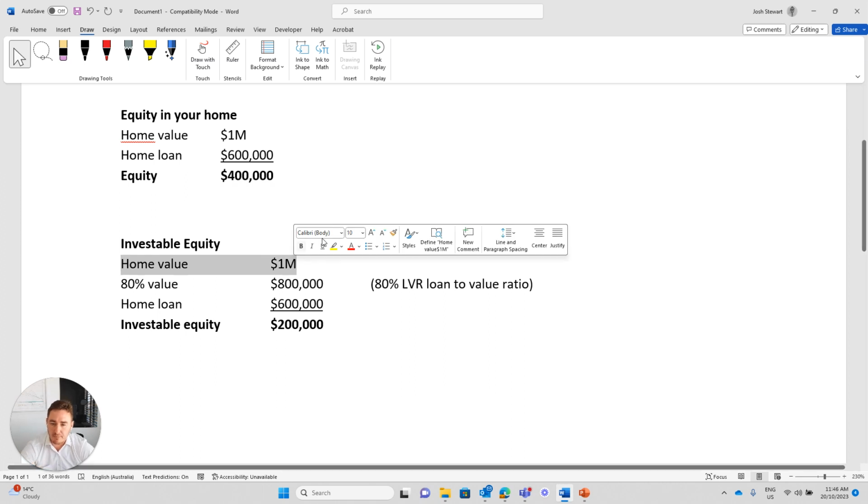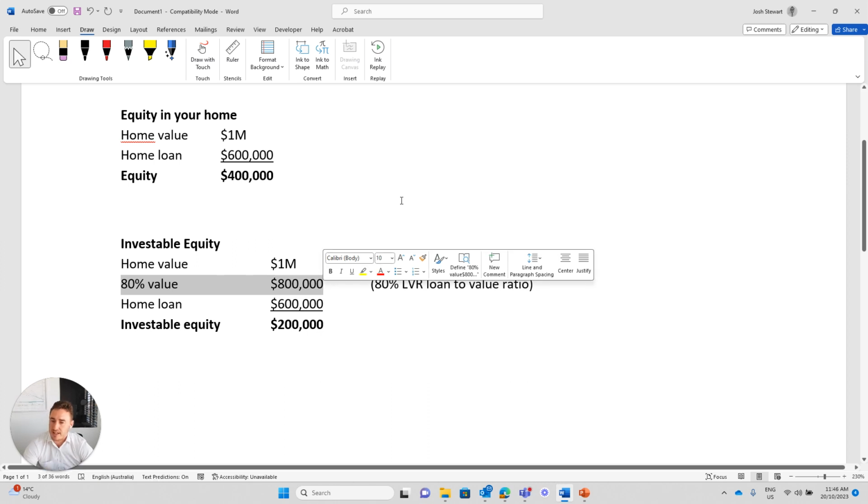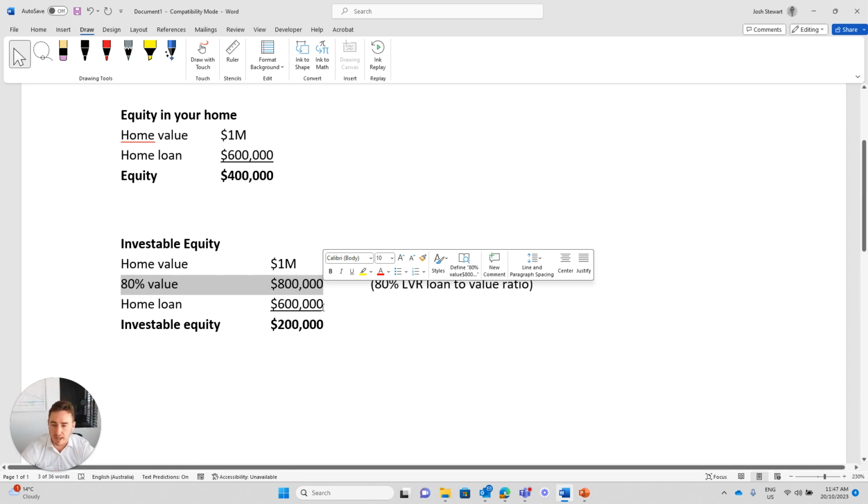So for the same home worth $1 million, we first work out the 80% value, so 800,000. That's the max limit we can go to with the loans without being subject to mortgage insurance, more terms and conditions, more hoops to jump through, and potentially higher interest rates paid on those loans because they're higher risk.